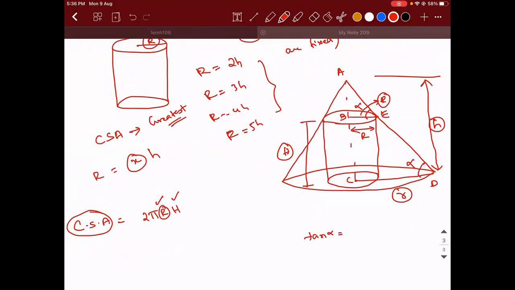I'm more comfortable with trigonometry because it solves the job easily. So tan alpha is equal to AB divided by B. You guys write, tan alpha is how much from both the right angle triangles?